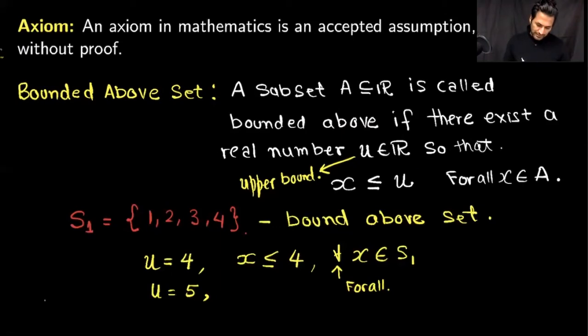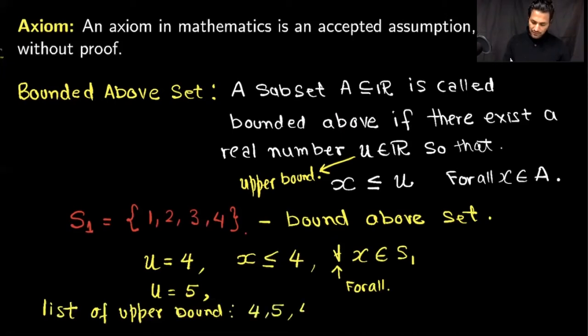In fact, a set can have infinitely many upper bounds. So for example, the list of upper bounds of S1 is basically 4 is an upper bound, 5 is an upper bound, even 4.1 is an upper bound, 6 is an upper bound, 100 is an upper bound, 1000 is an upper bound, and so on. So a set can have more than one upper bound.